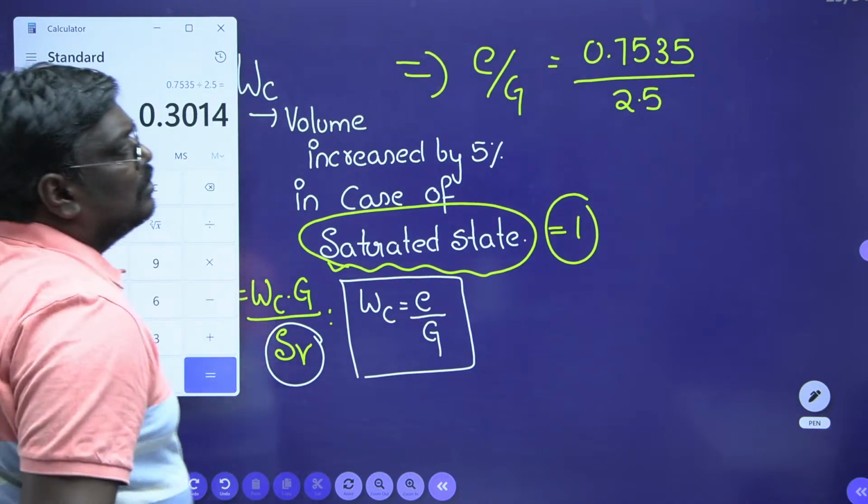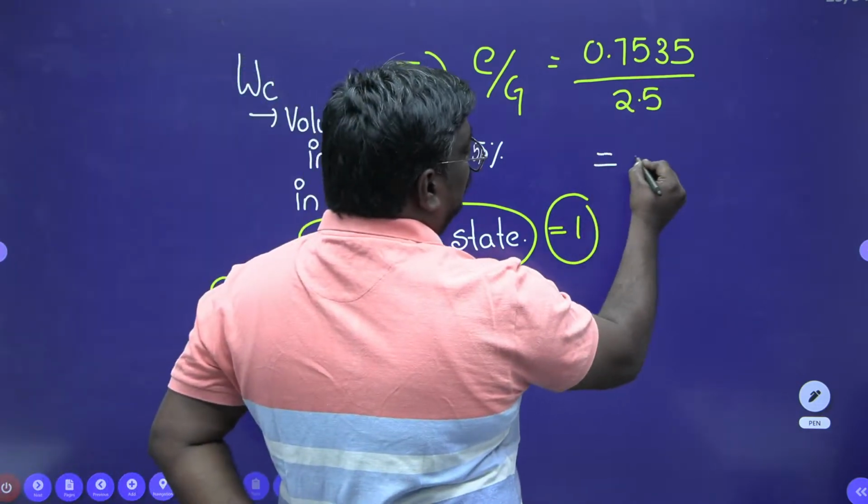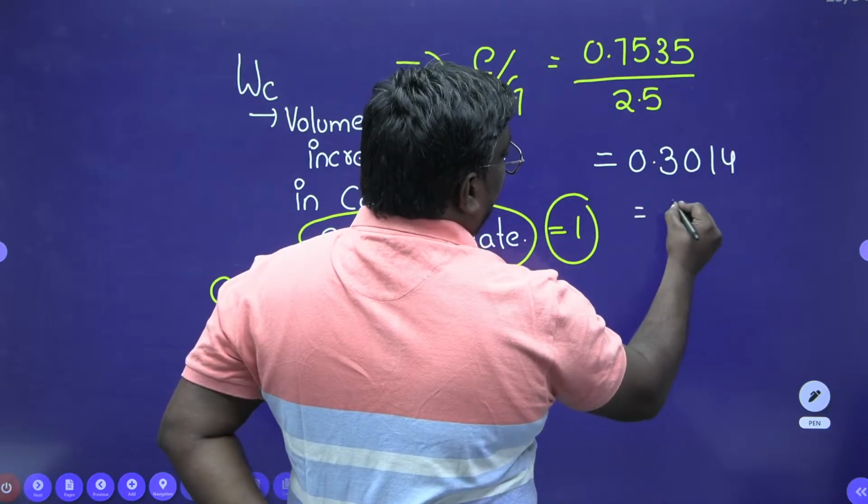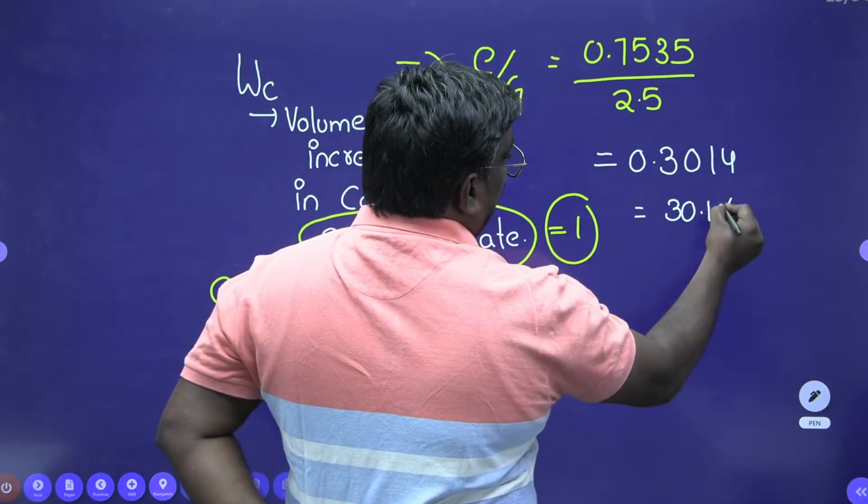On the calculator, you will get around 30%. So this will be equal to 0.3014, or you can write 30.1 percent.